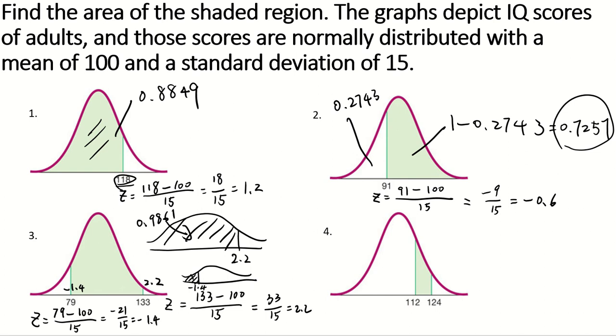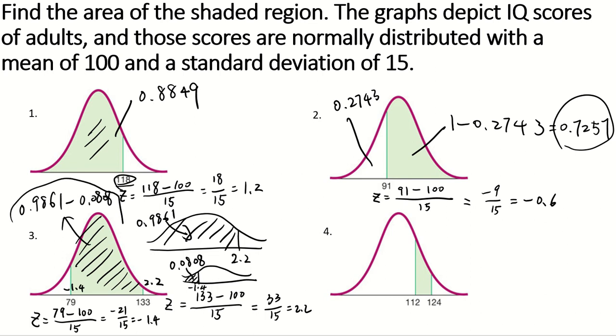Alright, so this area is 0.0808. So the shaded area that we're looking for would be 0.9861 minus 0.0808, which is 0.9053. That's the shaded area.